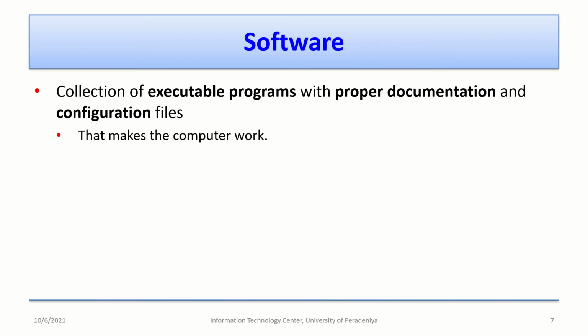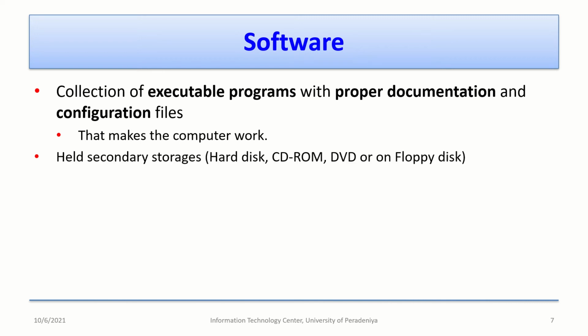Without software, the computer cannot do anything. By using the software, the computer works. Software is the executing element of the computer. Basically, software is stored in secondary storage devices, right? Let's discuss storage devices later.